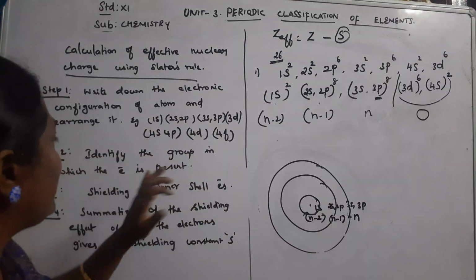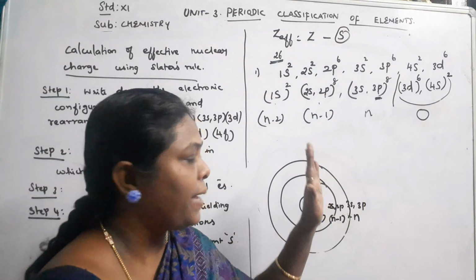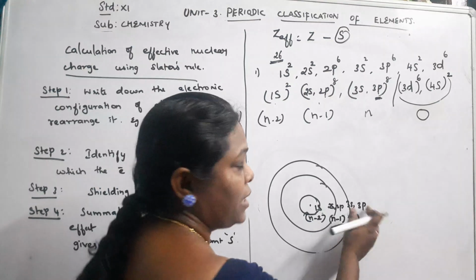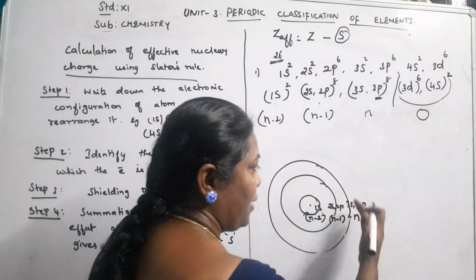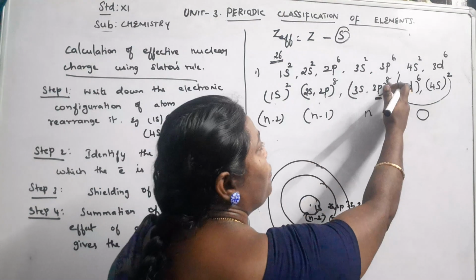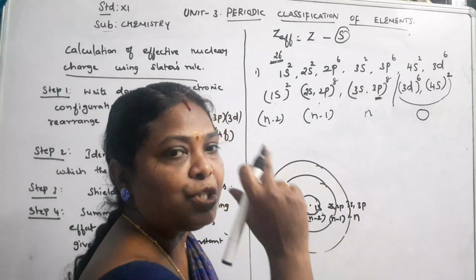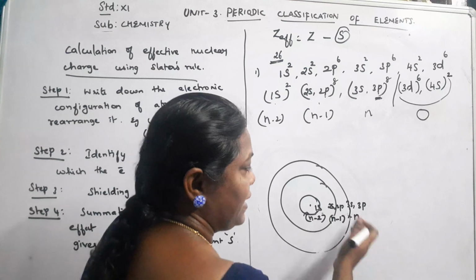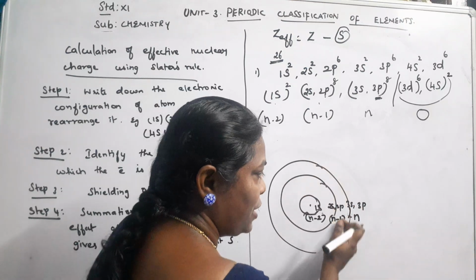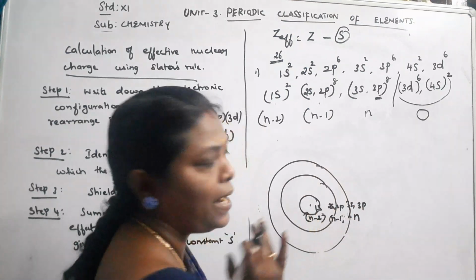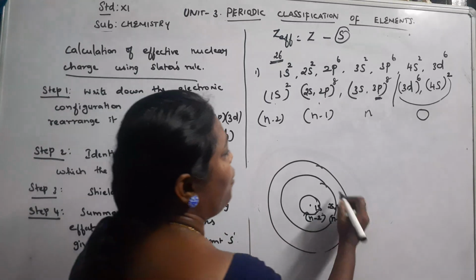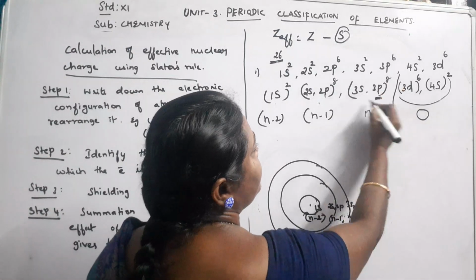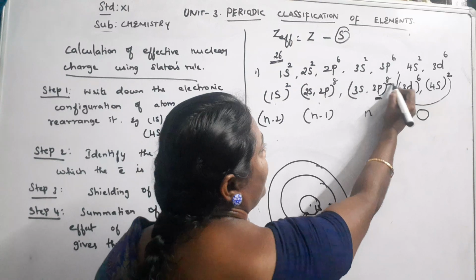Identify the group in which the electron is present. Have you all understood? I am repeating again: the orbital for which you are going to calculate the shielding effect of an electron is considered as n. Before that shell you consider n minus 1, and here n minus 2. How many electrons are there in this 3s and 3p orbital? Totally there are 8 electrons.